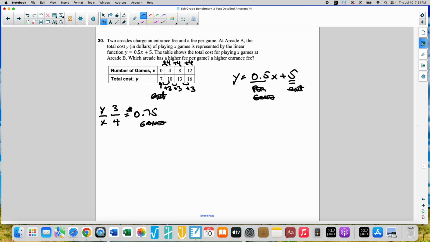All right. So the question says, which arcade has the higher fee per game? That would be arcade B. So question A is arcade B has the higher fee per game.